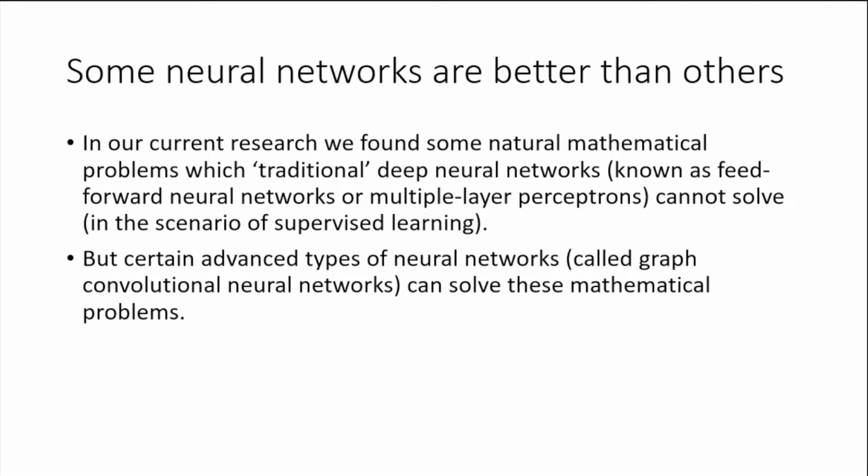And we found such mathematical problems. And after that, again, we tried to find some kind of neural networks which can solve these problems. And we found graph convolutional neural networks plus something else which can solve these problems. So this is what we are currently working on.